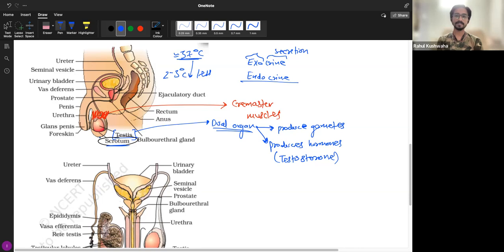A baby is born with testes already present in the scrotum. But you will find it interesting to know that testes are not produced outside the body. They can be present there, but where were they formed?